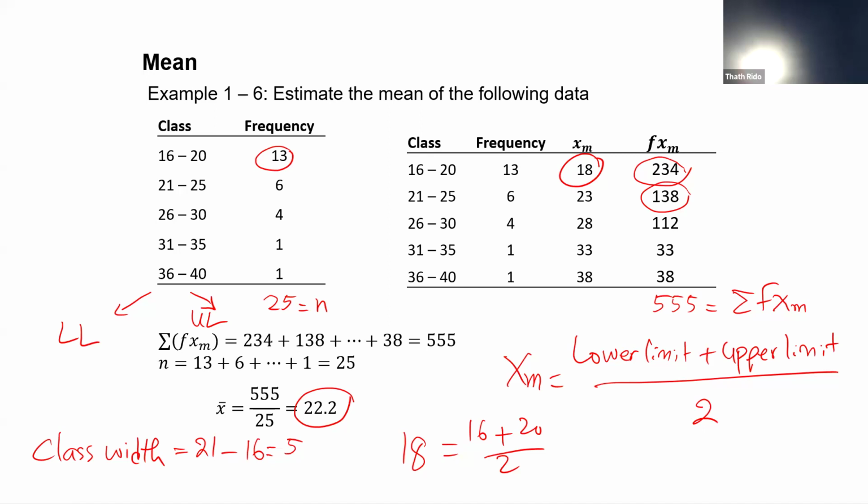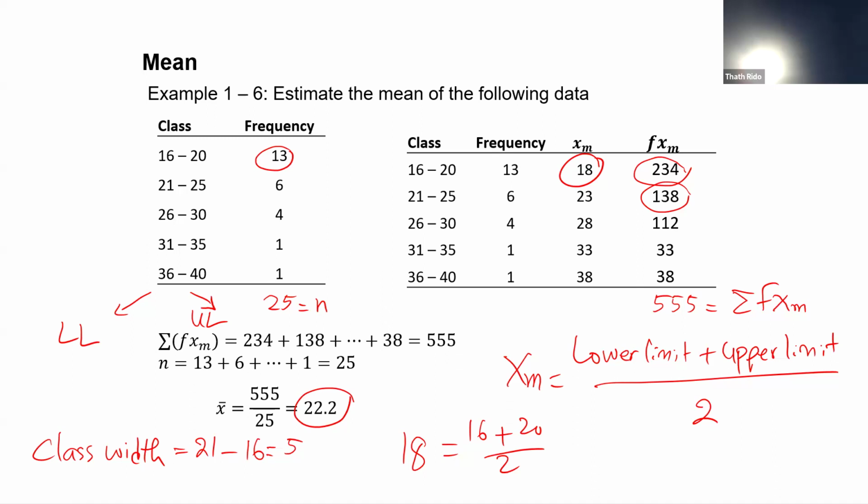Then we multiply the column XM by the column frequency, so it becomes F times XM. This value, 234, is the result of 13 times 18. And this is 6 times 23, which becomes 138.